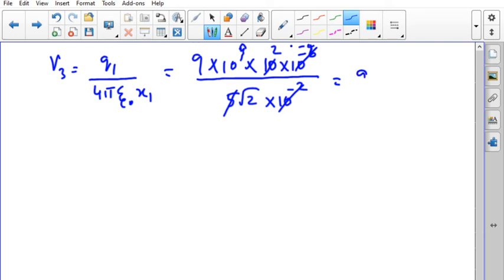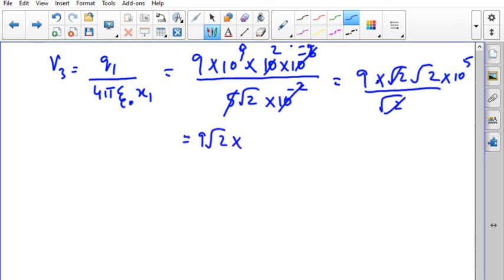So I'll get 9, 2. Here this 2 can be written as root 2 into root 2 by root 2. This gets cancelled into 10 power 5, which is equal to 9 root 2 into 10 power 5 volt. If you apply the value of root 2, you will get 12.73 into 10 power 5 volt. This is the value of V3.